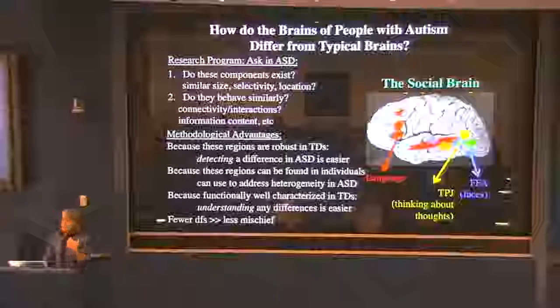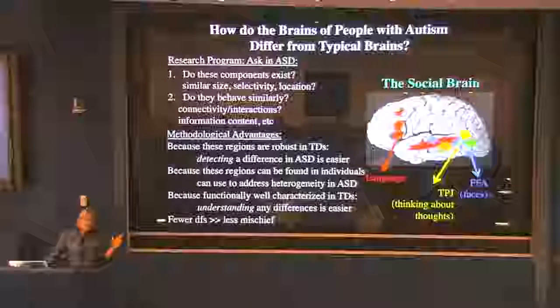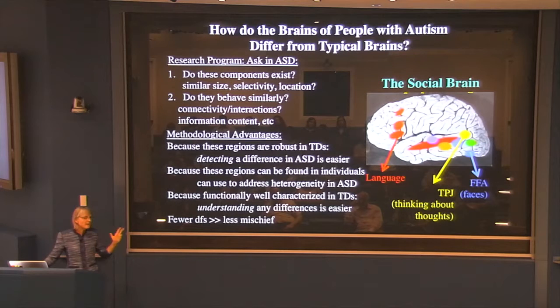And the final reason I think this is a good idea is that, in a sense, by studying these regions, there's a whole set of procedures for finding them and identifying them and measuring the magnitude of their response. You're essentially tying your hands in a good way. I think a lot of neuroimaging work suffers from excessive degrees of freedom.